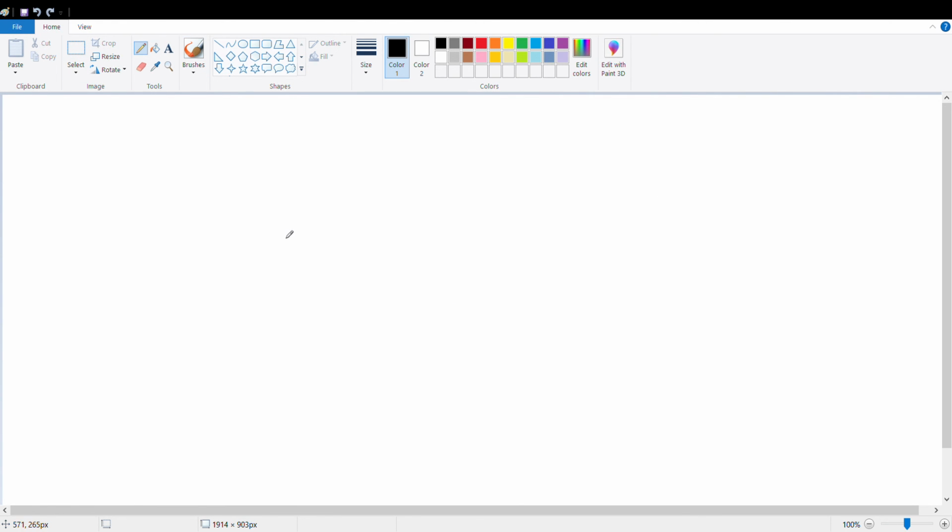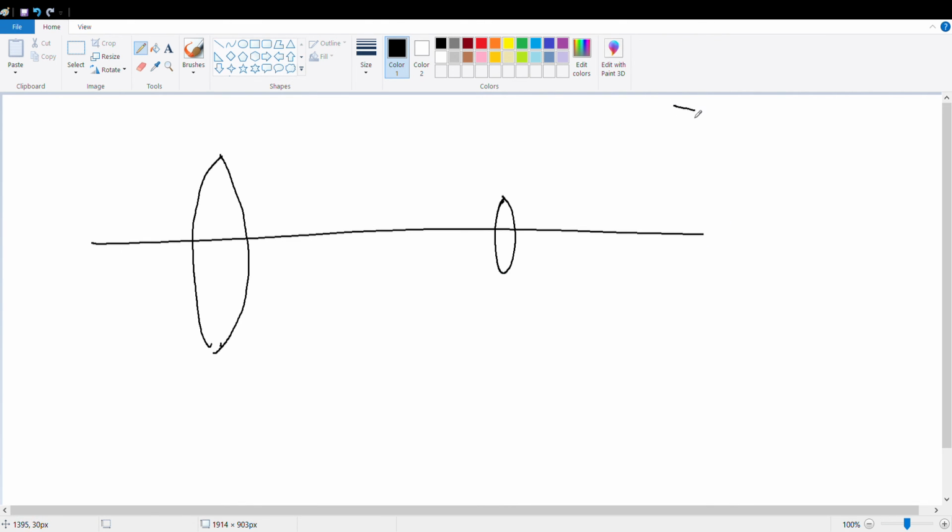So coming to the telescope. A telescope has again two lenses, but here the difference is the objective lens is a bigger lens and the eyepiece lens is a smaller lens. If you have seen a telescope, telescopes are like this. Yes or no? Have you seen a telescope? Yes, sir.